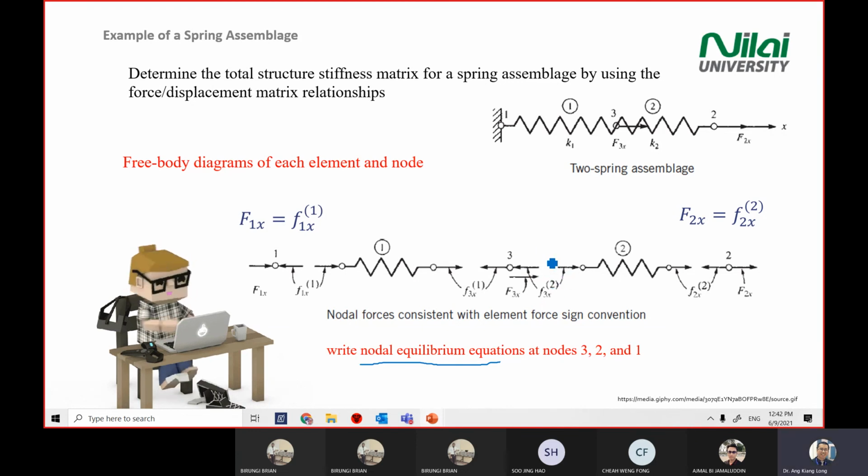Now, just a side note. To draw this arrow, normally if there is an external force there, we will just follow the external force and put in element 2 here.